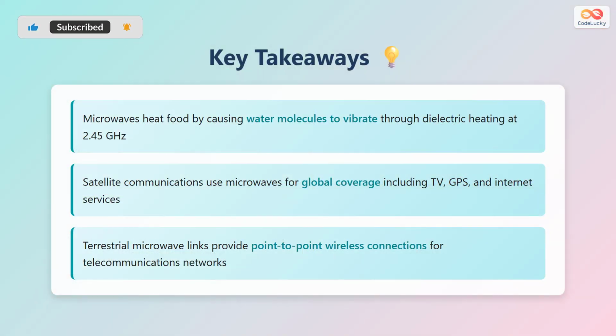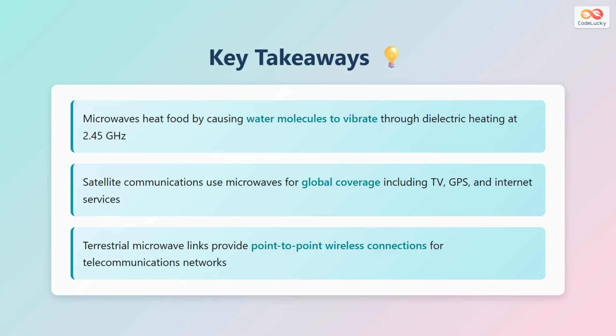Let's summarize the key concepts. Microwave ovens heat food by causing water molecules to vibrate through dielectric heating at a frequency of 2.45 GHz. The rapid rotation of polar water molecules in the oscillating electromagnetic field converts energy into heat through molecular friction.